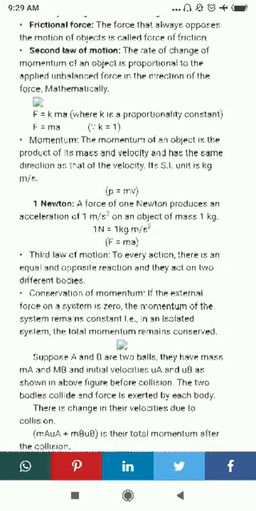Suppose A and B are two balls. They have masses ma and mb. The initial velocities are UA and UB as shown in the above figure before collision. The two bodies collide and force is exerted by each body. There is a change in their velocities due to collision. So how will you write?